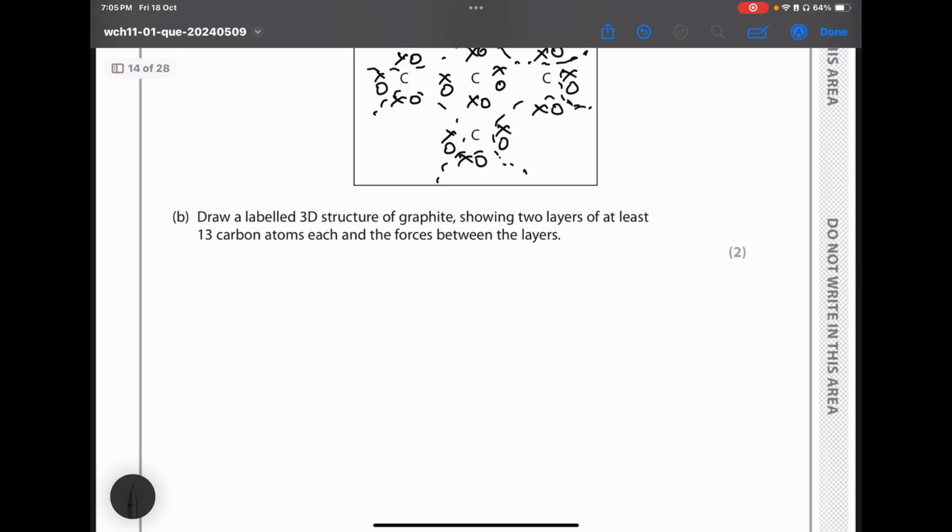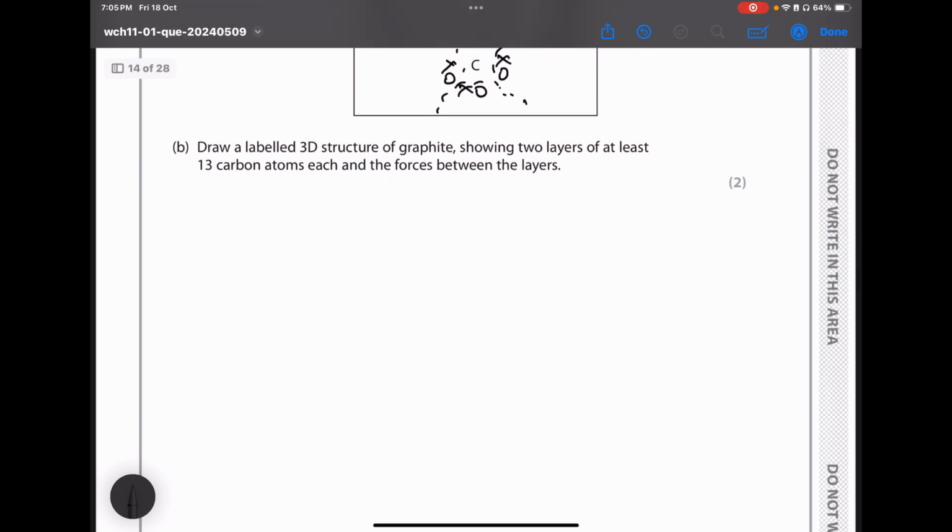Draw a labelled 3D structure of graphite showing two layers, at least 13 carbons each. So we know that one carbon bonds with three other carbon atoms in graphite. So let's just sketch a simple structure of graphite like this. Now if we just add them up, it will look like this, right?